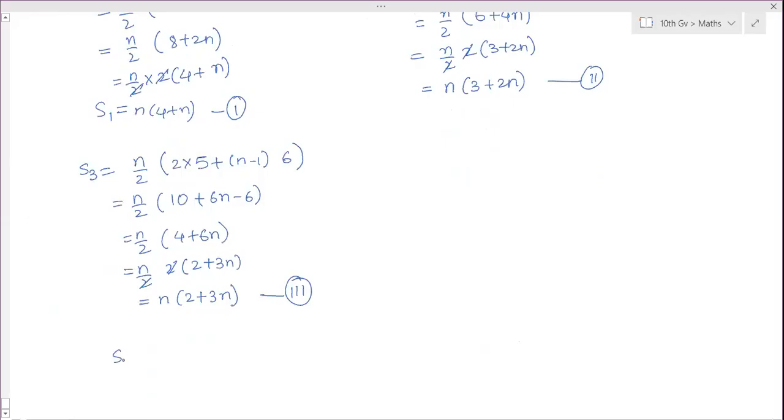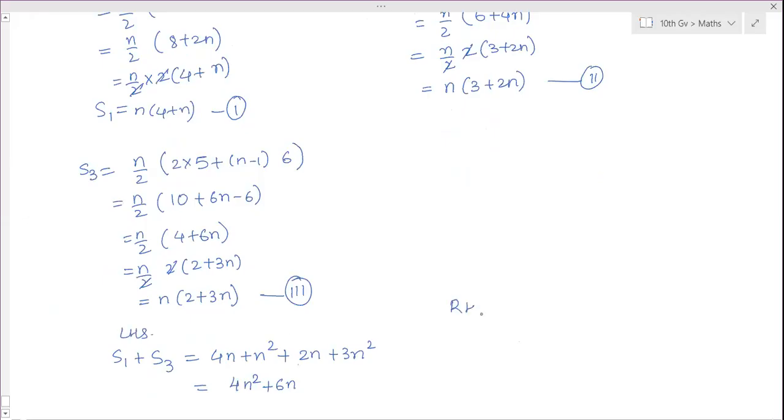To add, S1 plus S3 is equal to, this is S1. If you multiply inside, it is 4n plus n square. Plus this part is 2n plus 3n square. So n square plus 3n square is 4n square, and 4n plus 2n is 6n. So we got S1 plus S3. This is the LHS.